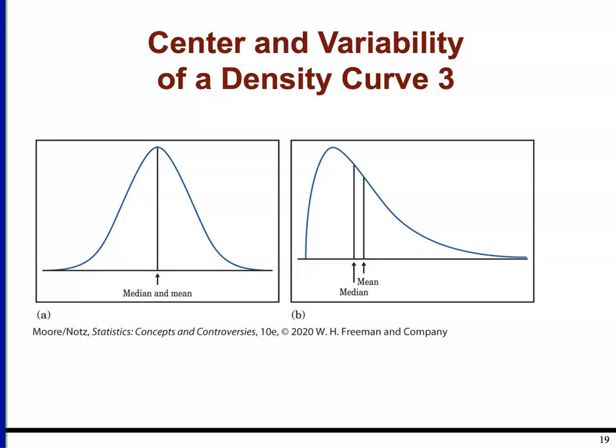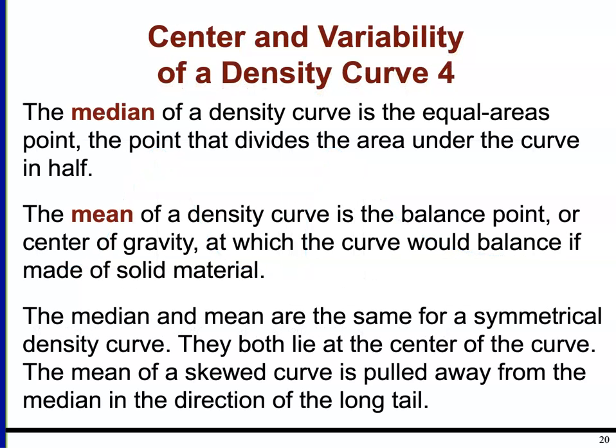The median is the point where you have the same area on both sides, but the mean has to be towards the tail in order to balance the weights. So you can note that the mean of a skewed curve is always pulled away from the median in the direction of the long tail.